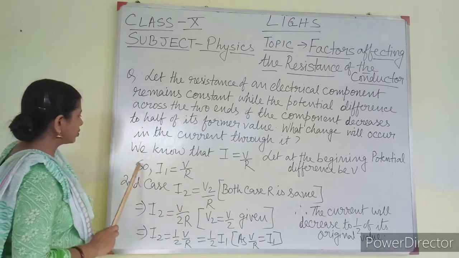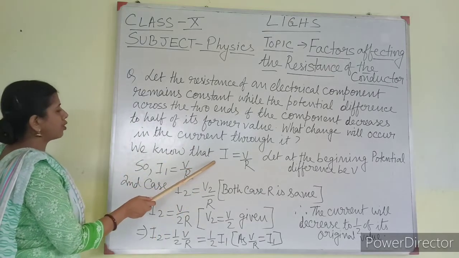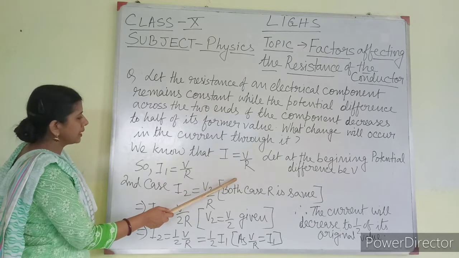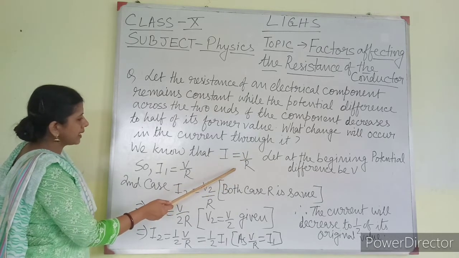According to Ohm's law, we know that I equal to V by R, current equal to potential difference by resistance.